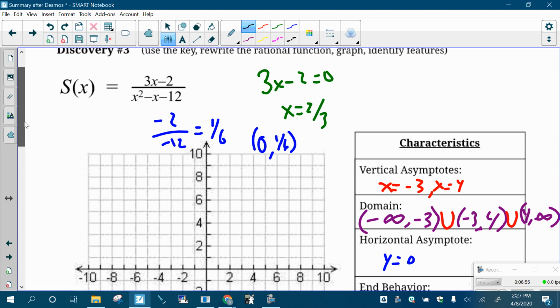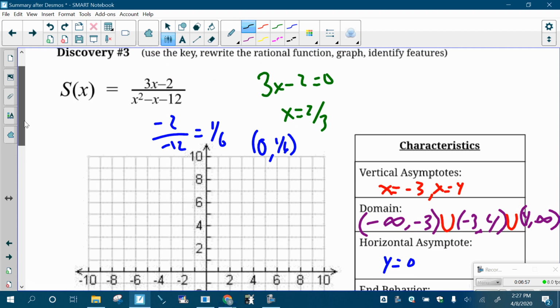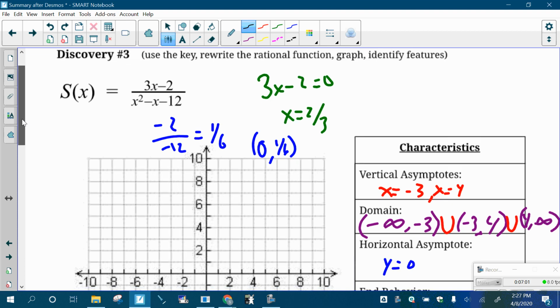So then back to how do you actually figure that out? This is hard, so I'm just going to kind of tell you guys. The reason that the third one has a horizontal asymptote of y = 0 is because the degree of the numerator, remember degree is the highest exponent on the x, which is 1 in this case, is less than the degree of the denominator, which is 2.